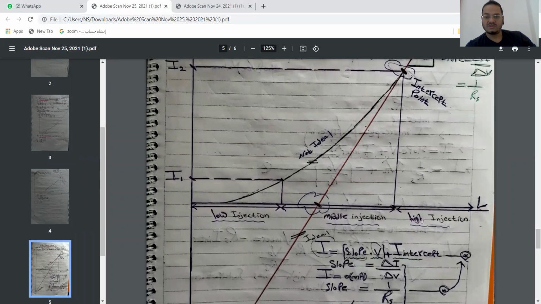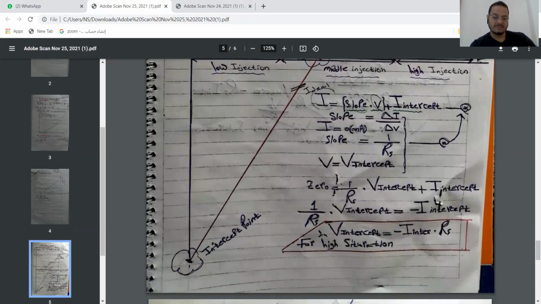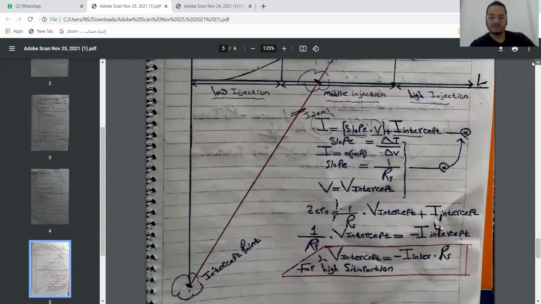Here we have low injection, middle injection, high injection. We will depend on this important equation: I equals slope times V plus I intercept. This point is the intercept, something like a cross point.